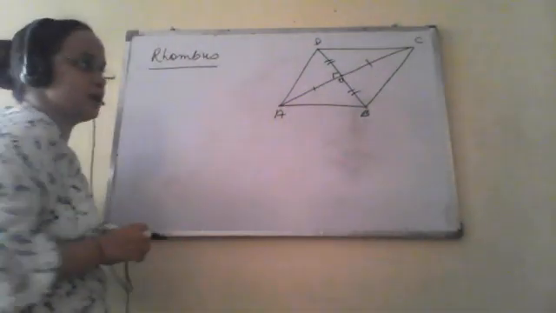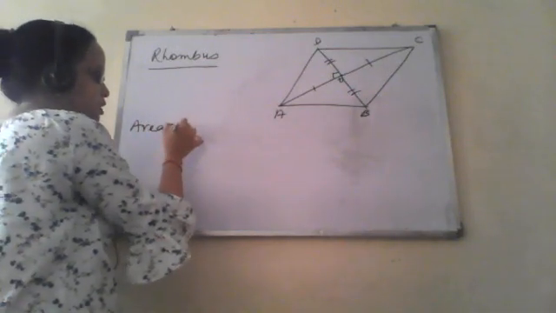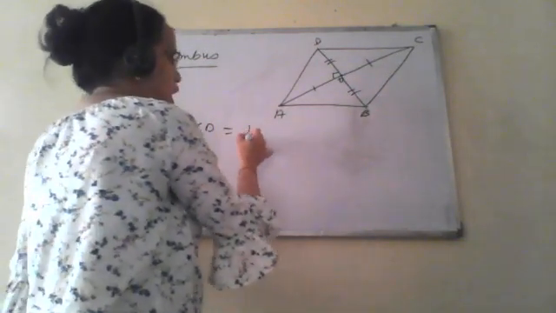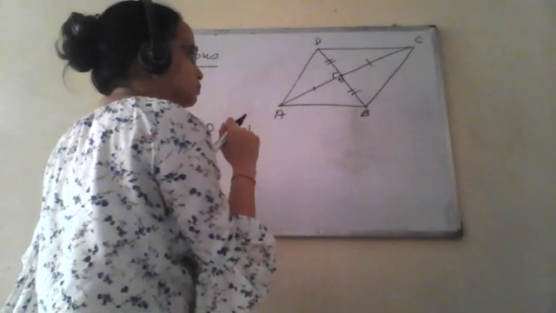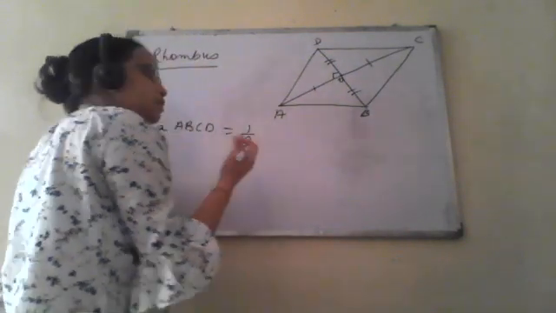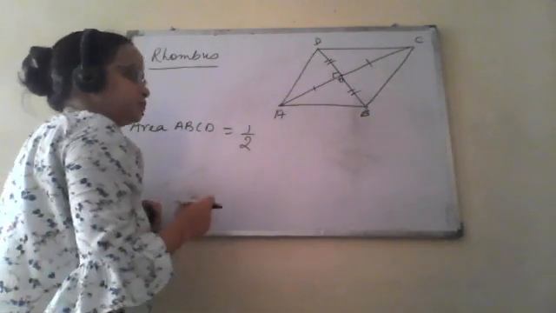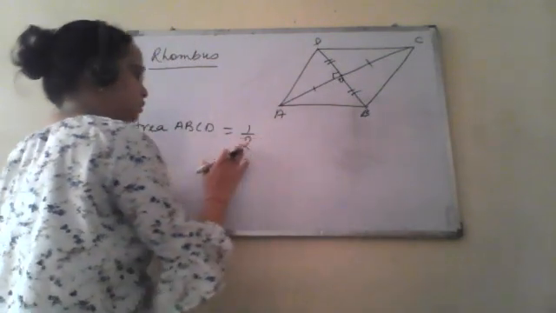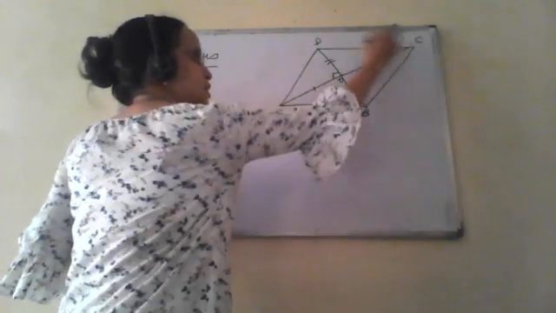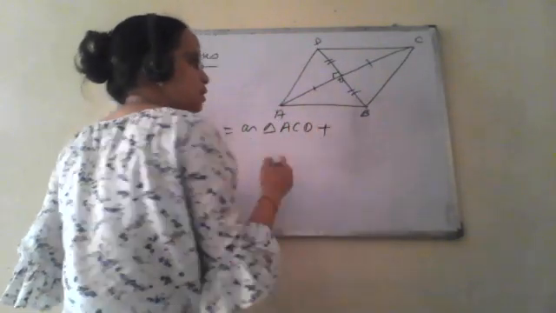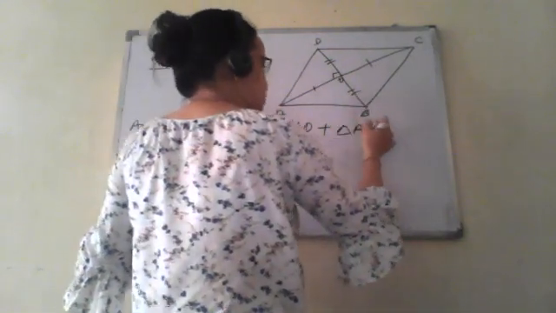If we go by the generalized formula for the generalized quadrilateral, it will be, leave that. The area of this rhombus will be the area of triangle ACD plus the area of triangle ABC.